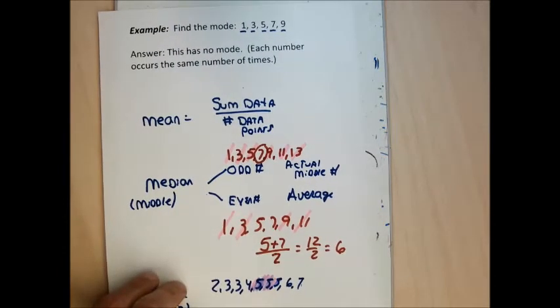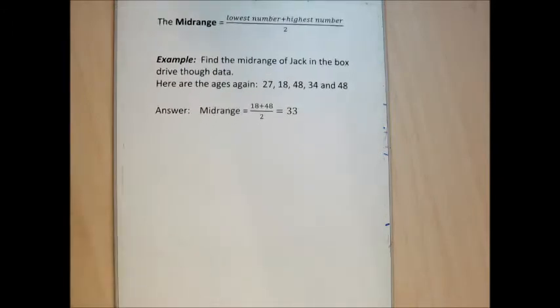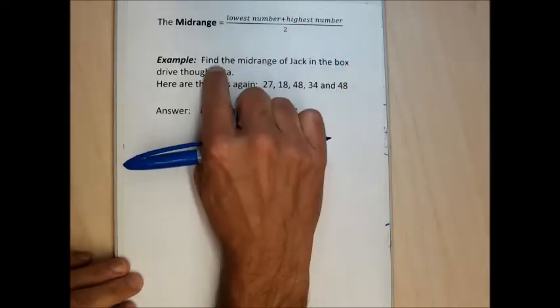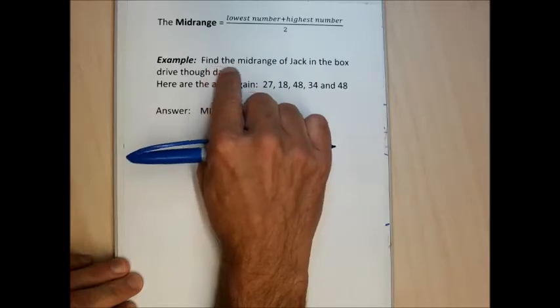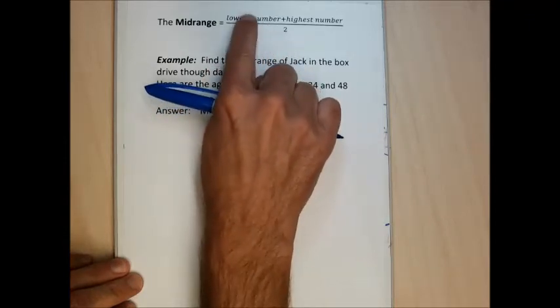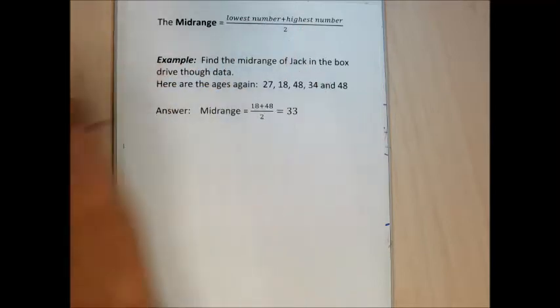The last one we're going to do in this section is midrange, and midrange is adding up the lowest plus the highest number and then dividing by 2. So if I ask you for the jack-in-the-box data to find the midrange of the data, the formula for finding the midrange is taking the lowest number and the highest number and dividing by 2.